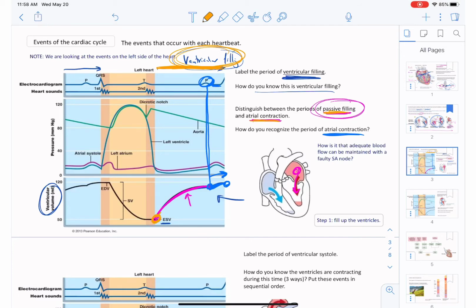This portion is the passive filling, and during that time there's no contraction going on of the heart. And then following that, we have the P wave, which causes atrial contraction. So this last little part represents atrial contraction.